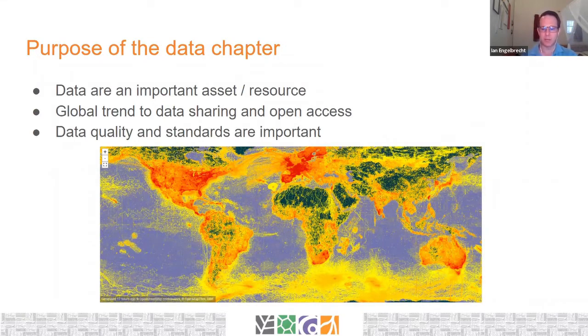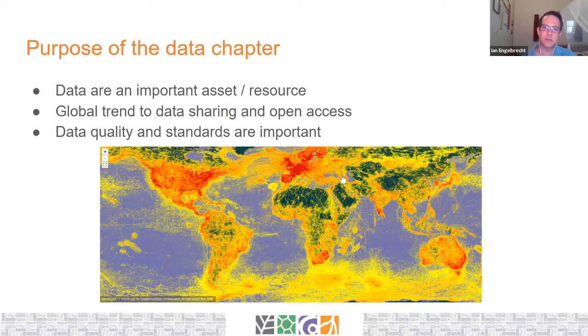What I've got at the bottom of the screen is an image. This is the standard GBIF map. For those of you who know about GBIF, the Global Biodiversity Information Facility, which is a big global data aggregator. It aggregates data from museums and herbaria, as well as a wide range of other sources into this big searchable online database, and their homepage has this heat map of the density of specimen records that they've got for around the world.